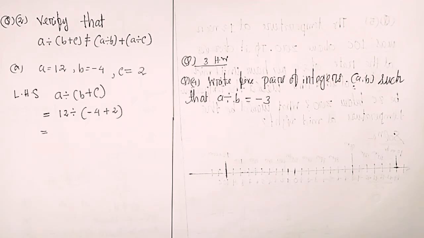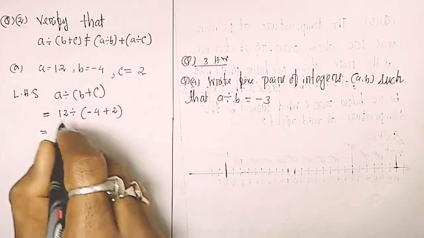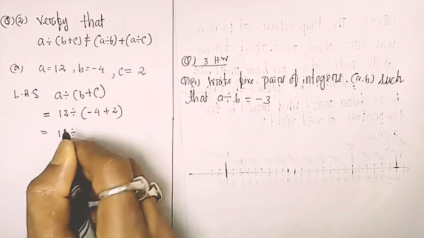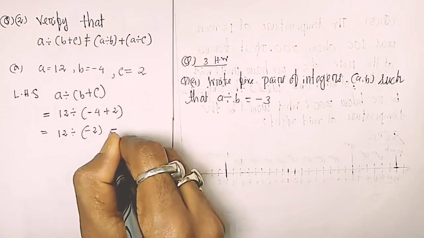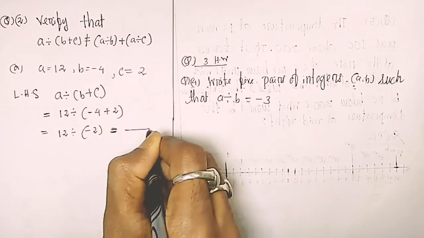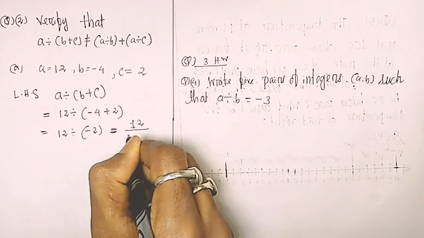I have already explained that for the part inside the bracket, we should do the simplification first. So minus 4 plus 2 becomes minus 2. So 12 divided by minus 2.